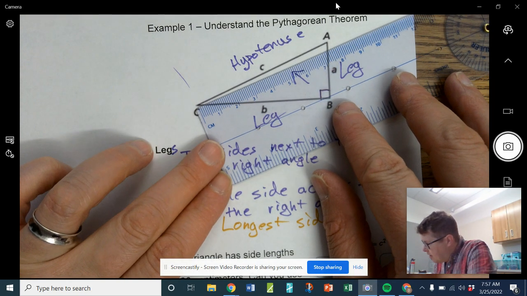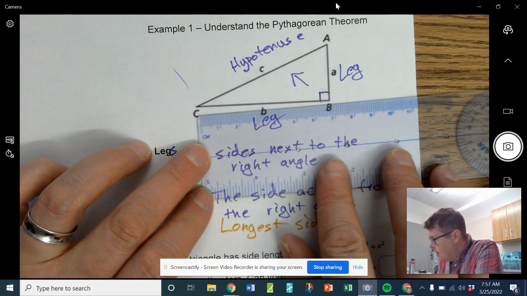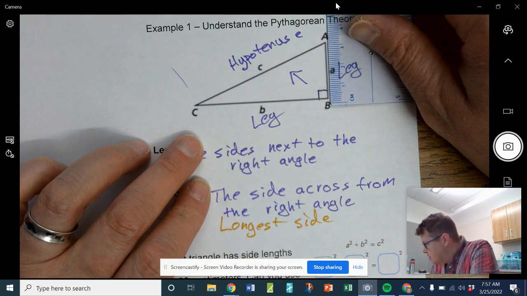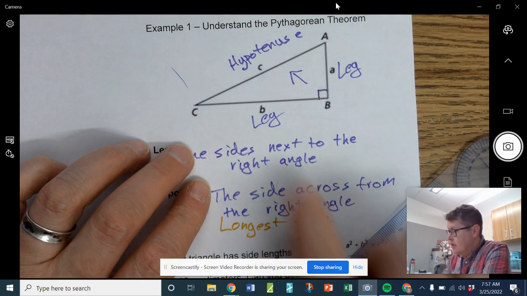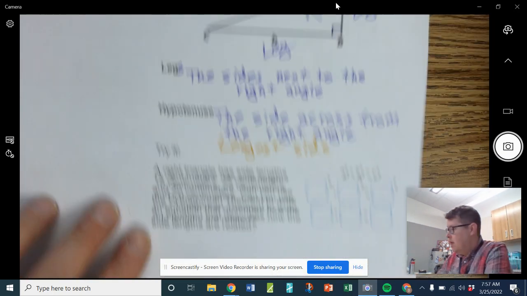This is just about 7.5 centimeters, this one is under 7 centimeters, and this one is just about 3 centimeters. So clearly, this is the longest side, and it's always going to be the longest side.